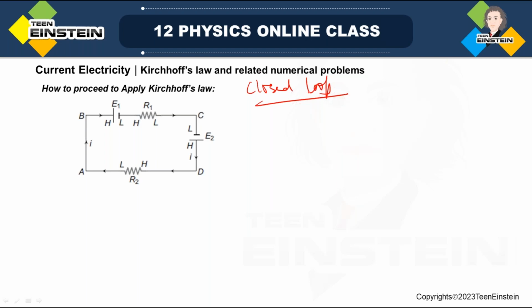Look what we have done. See here it is high, positive terminal, and negative terminal is low. So this point will be at high potential, this point will be at low potential. Similarly, this point will be at low potential. Since it is negative, this will be high potential. This will be at high potential, this will be at low potential, right? So if we just denote with high, low, all these things, then it will be easy to find out the direction of the current.